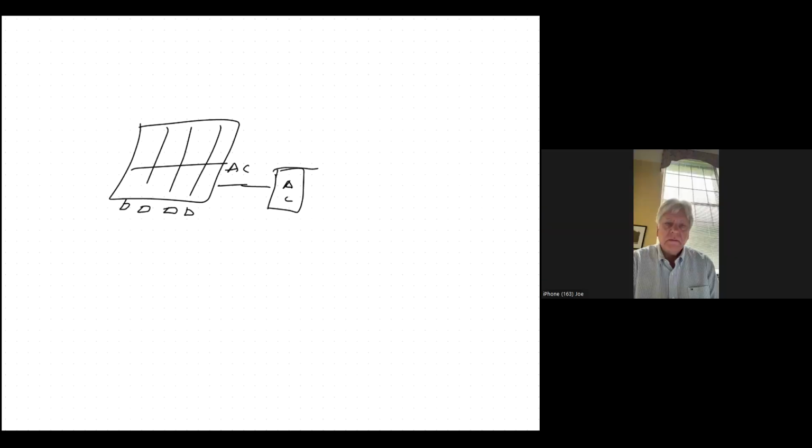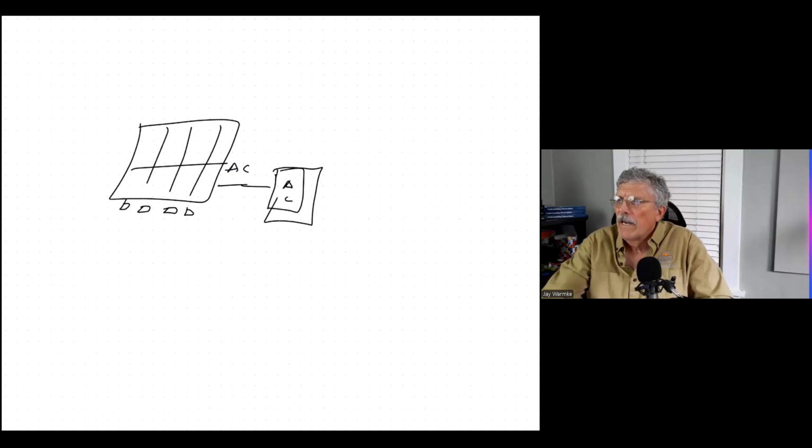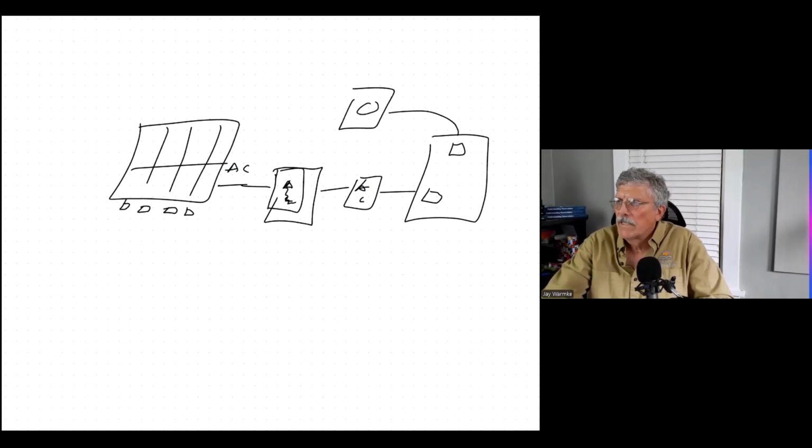So let's say this is my combiner box. I'm coming in here, then I'm going to go to an AC disconnect, and from there I'm going to go to my service panel, and that's going to go out to the meter. So this is a very simple N-phase type system combiner.